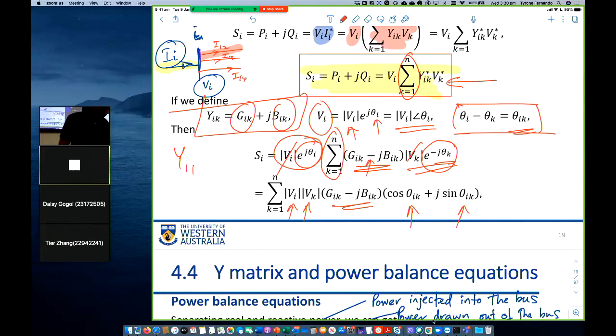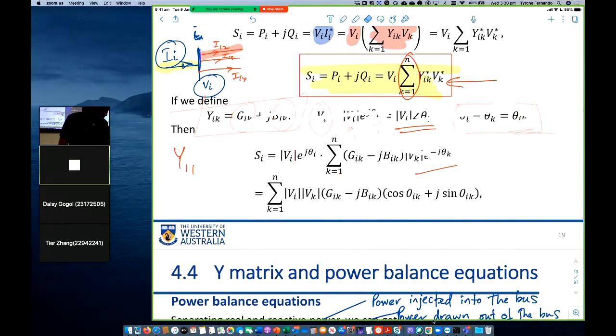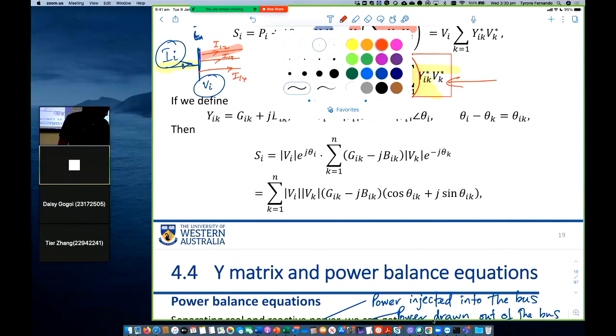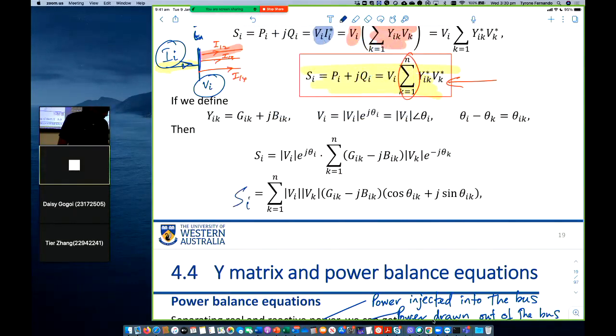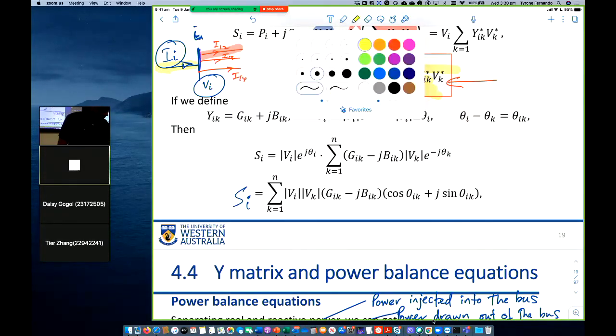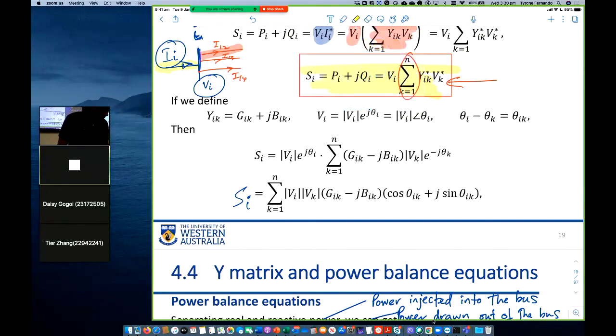So we then end up with this equation. Si is equal to that: the active power balance equation and the reactive power balance equation.